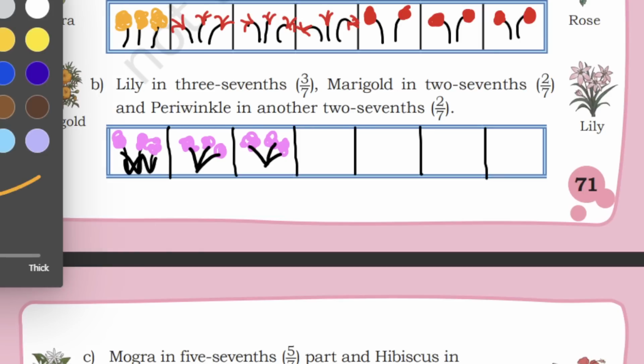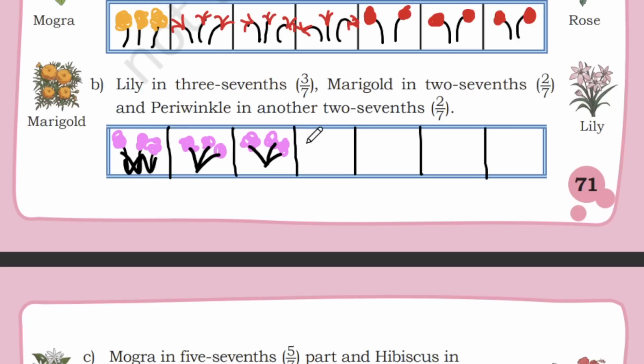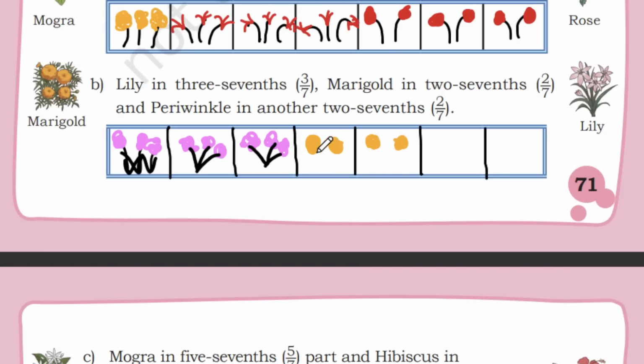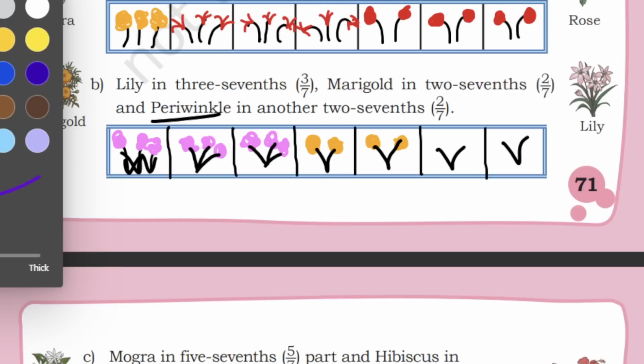Marigold is in like yellow. 2/7. And we have periwinkle 2/7 again. We do that flower in purple.